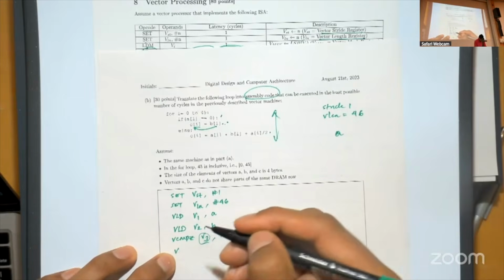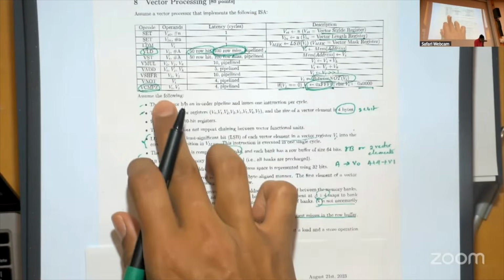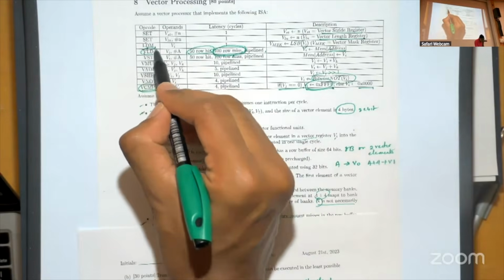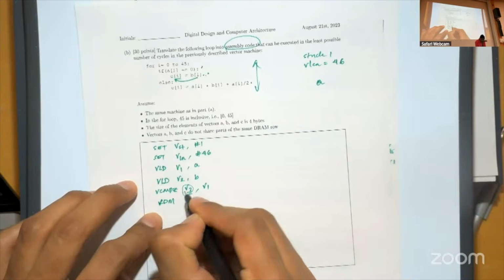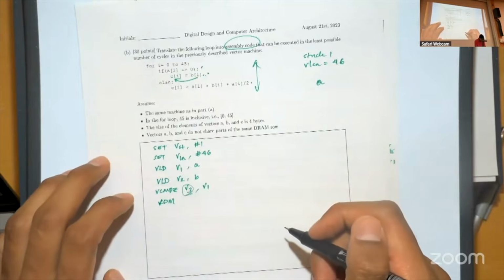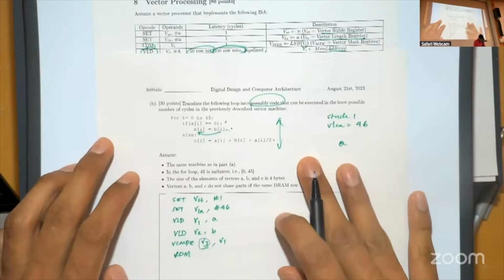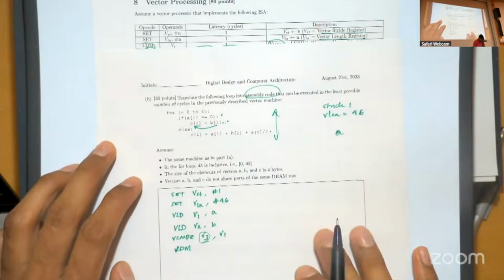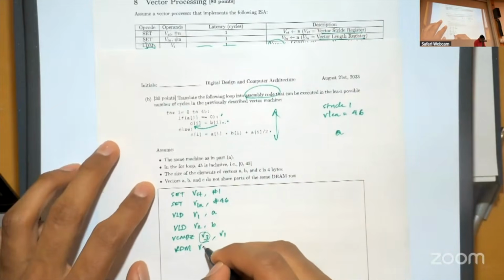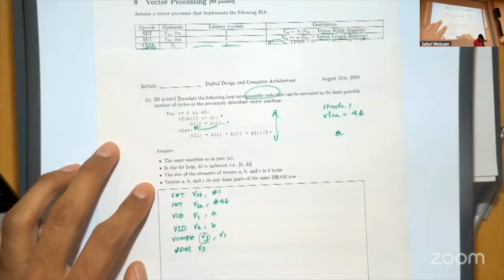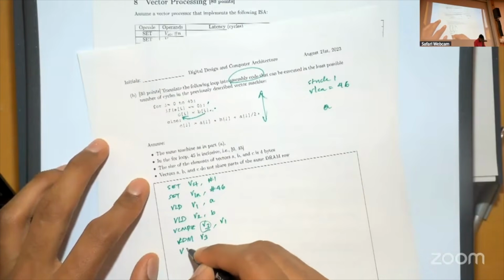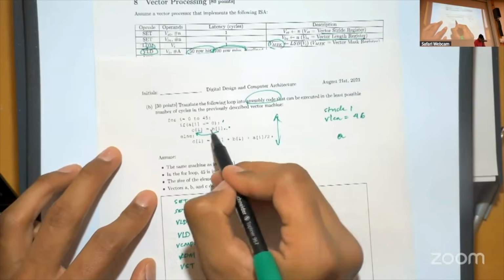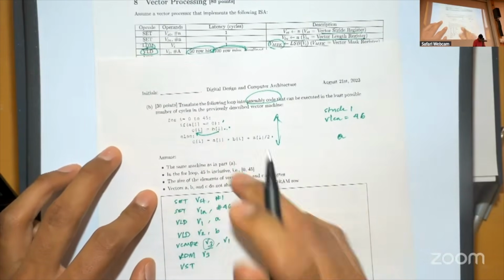For the mask, you perform LDM. vmask is an architectural register, so you can just do LDM V3, and this will set up the mask register, after which you can perform the store operation, which stores BI into CI.